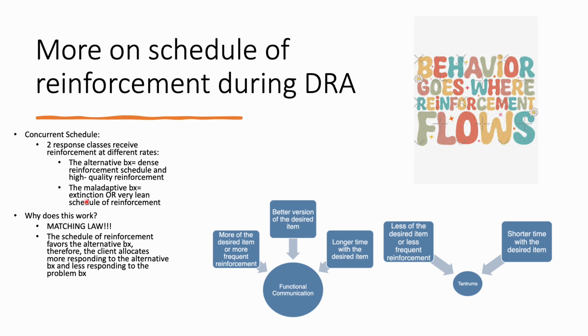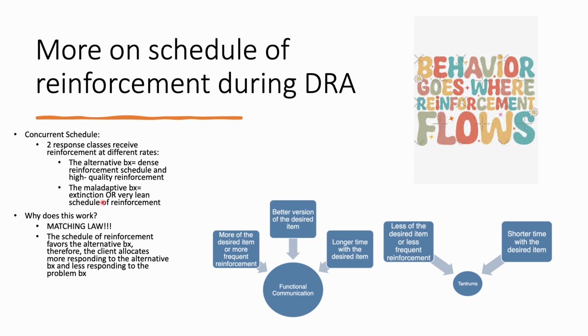And when we do provide reinforcement for the behavior, it's going to be very low quality reinforcement, okay? Differential reinforcement of alternative behaviors, typically when people are saying DRA, they mean that one behavior is being placed on extinction and one behavior is being targeted for increase and receiving high quality reinforcement.